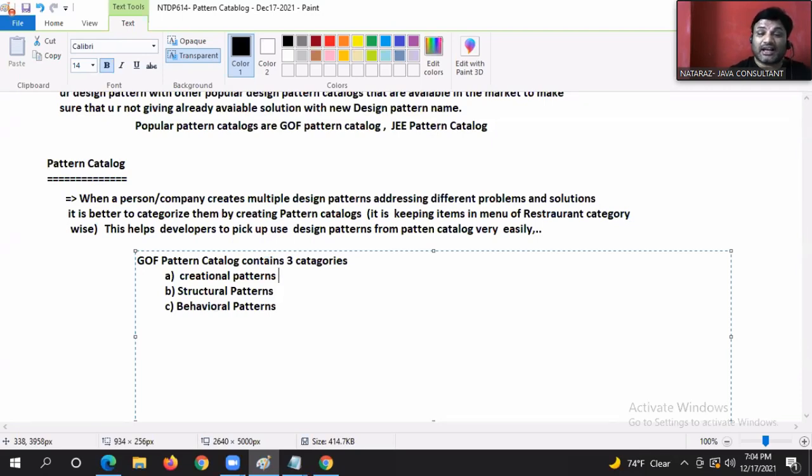To repeat: creational talks about object creation, structural talks about composing large objects using small objects.